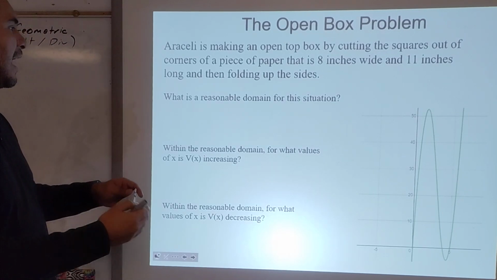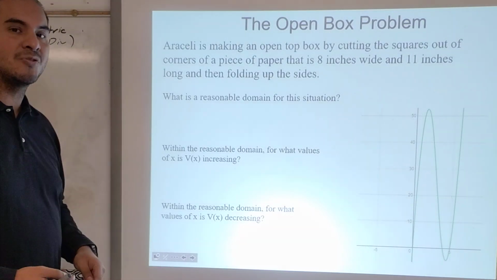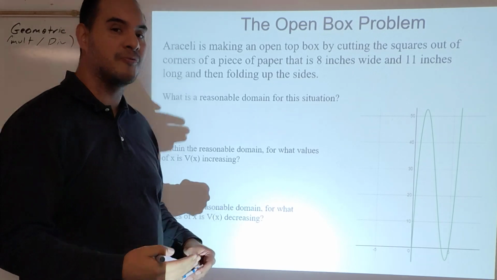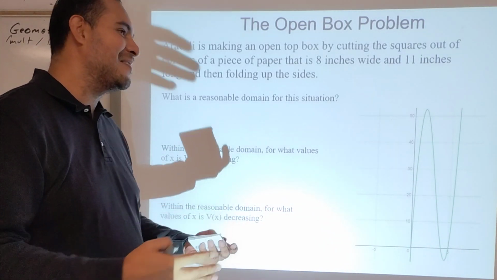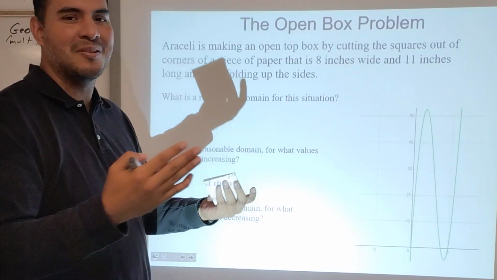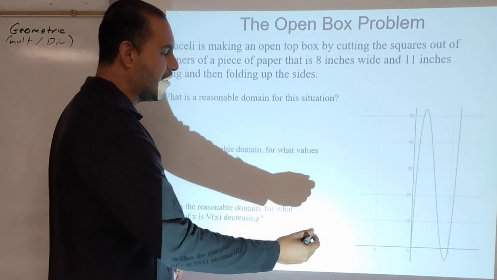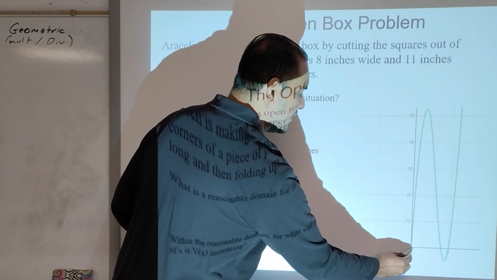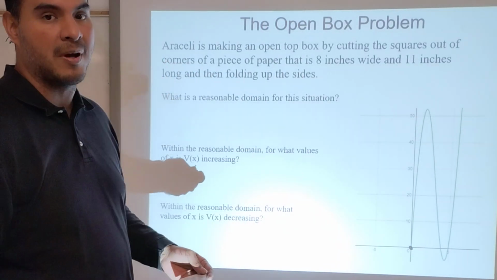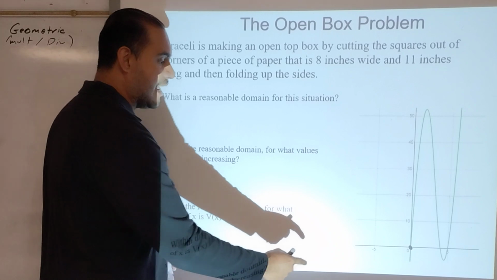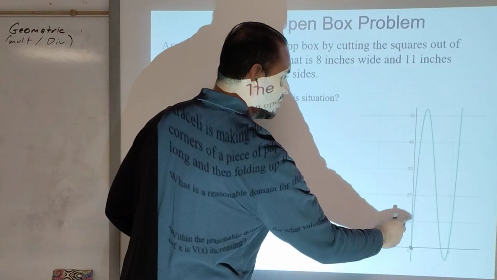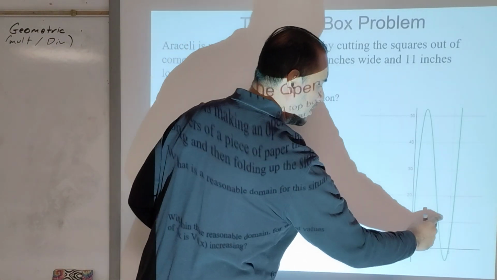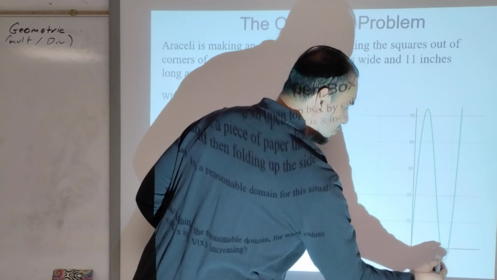Now, after that, you are asked what is a reasonable domain for this situation. Since we're cutting corners from a piece of paper, we can't make like a 20-inch cut because then there's no paper left. So the graph shows us the possible cuts for the situation. If we were to cut 0 inches, then the volume of the box would be 0. Then as we cut more and more inches, the volume goes up and then it comes down again until it reaches this point.